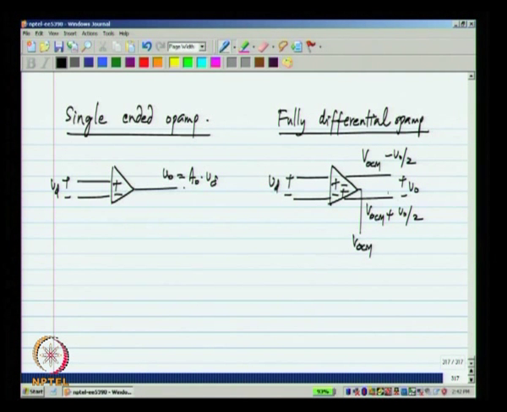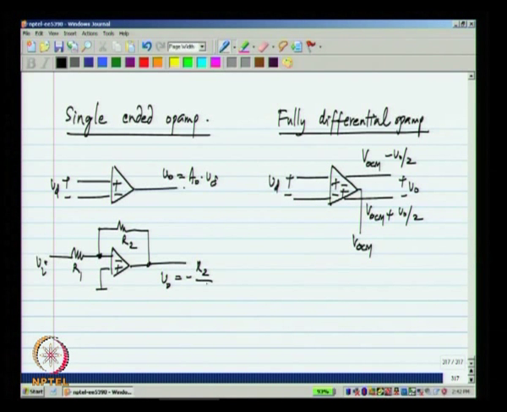Now, how do we use this op amp? For example, we make an inverting amplifier like this one. VO is minus R2 by R1 times VI.